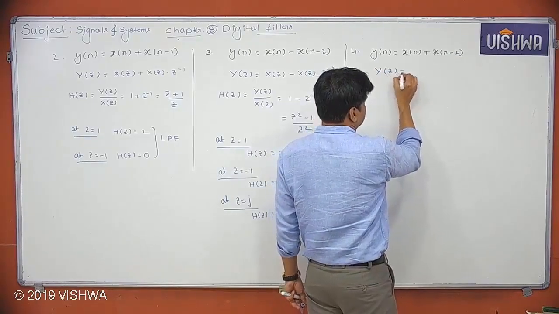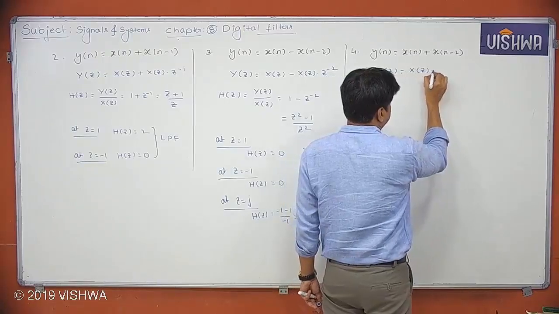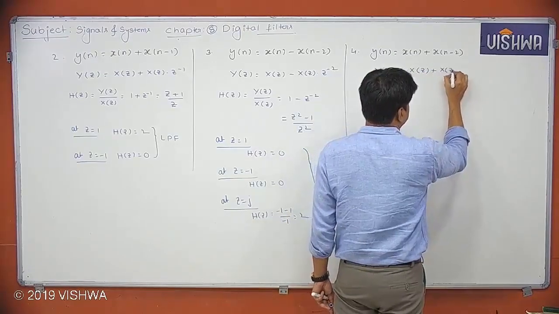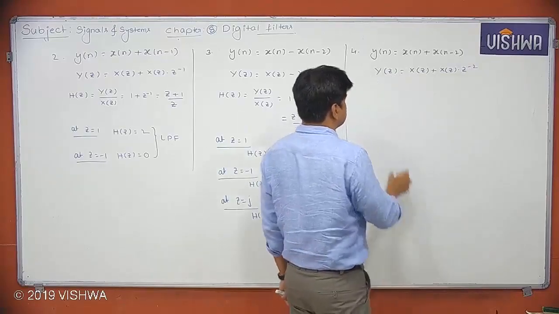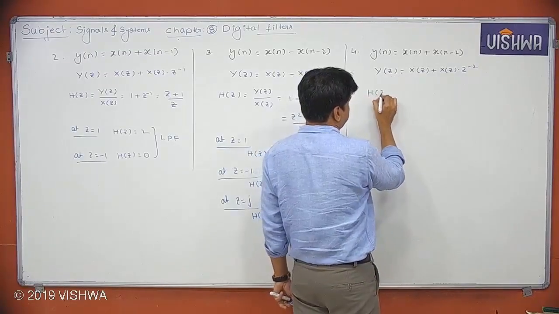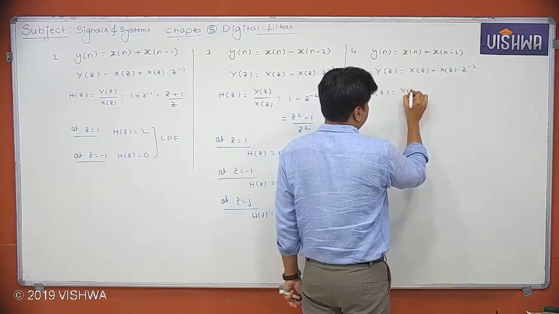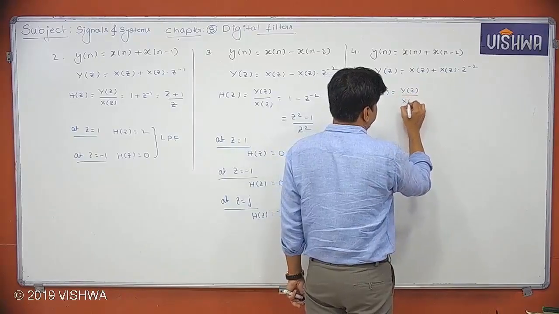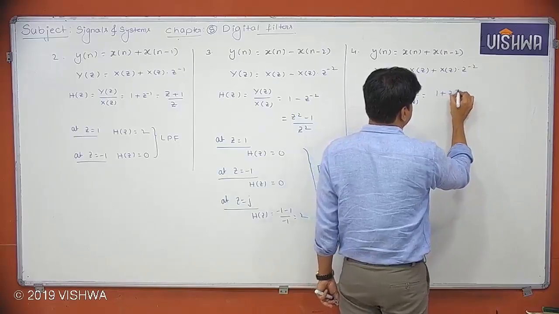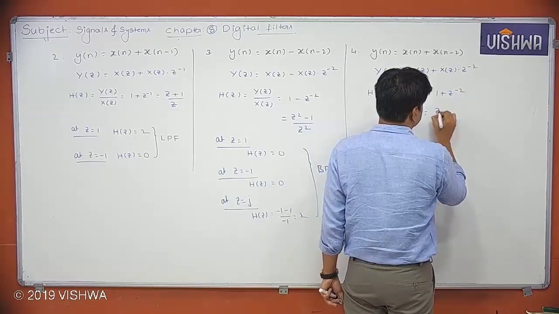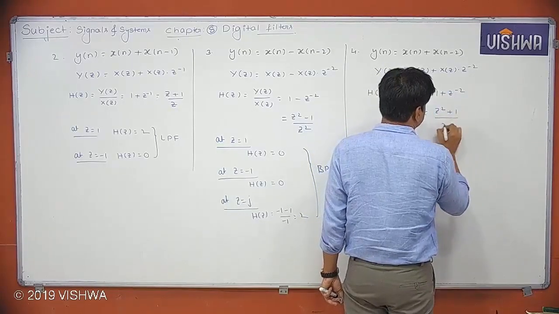Y of z is equal to X of z plus X of z into z power minus 2. Then what is H of z? Y of z by X of z, which is 1 plus z power minus 2. That is z square plus 1 by z square.